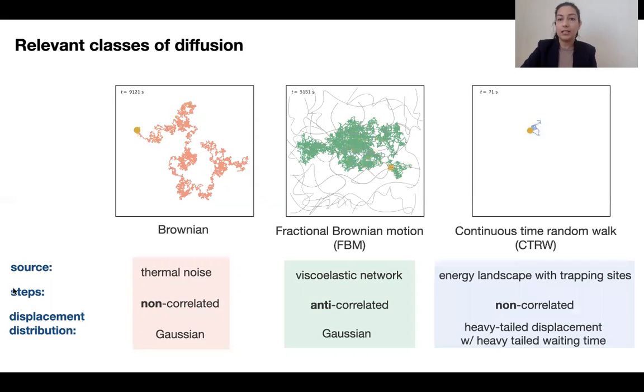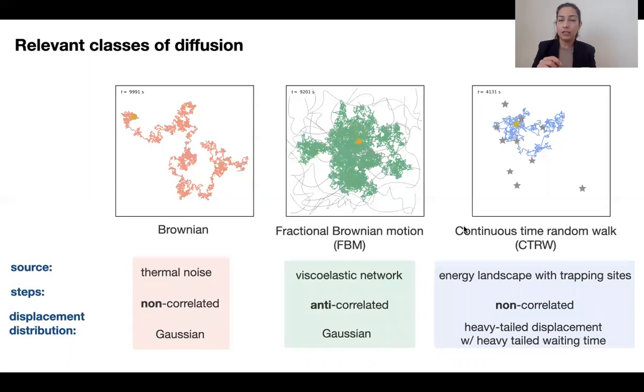Now, the third class is continuous time random walk, or subdiffusive CTRW, which typically happens when we have a diffusion of nanoparticles over an energy landscape with trapping sites, which are basically these potential wells with unequal binding affinities. We are showing these here with the stars, and the particle gets trapped in these stars.